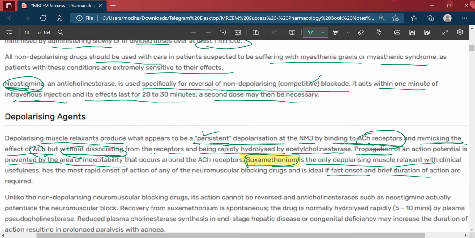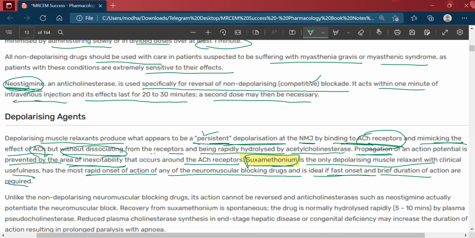Propagation of an action potential is prevented by the area of inexcitability that occurs around the acetylcholine receptor. Succinylcholine is the only depolarizing muscle relaxant with clinical usefulness. It has the most rapid onset of action, and is ideal if fast onset and brief duration of action are required.